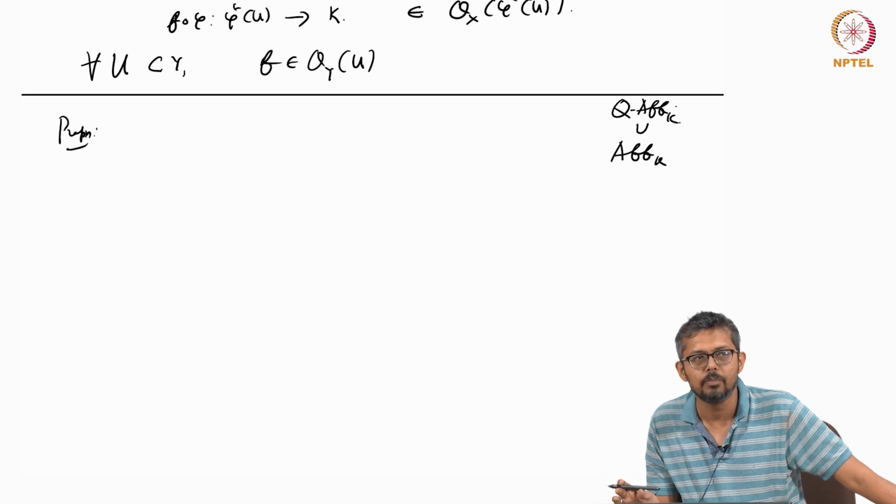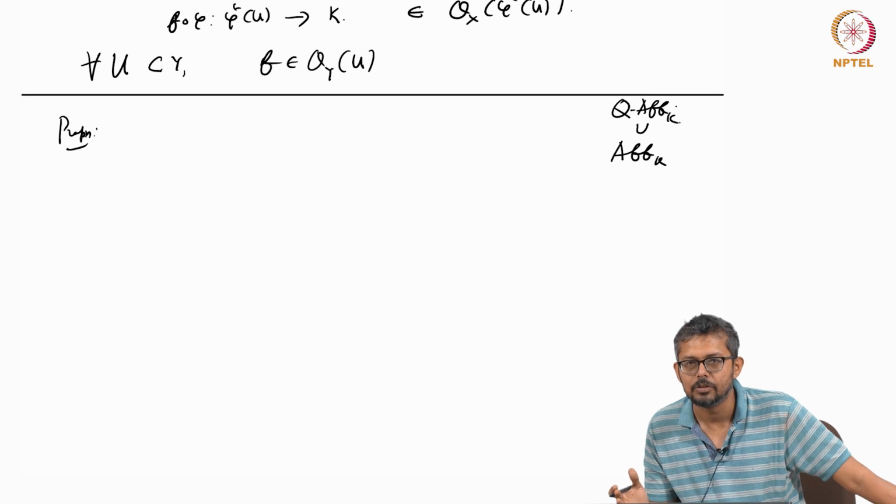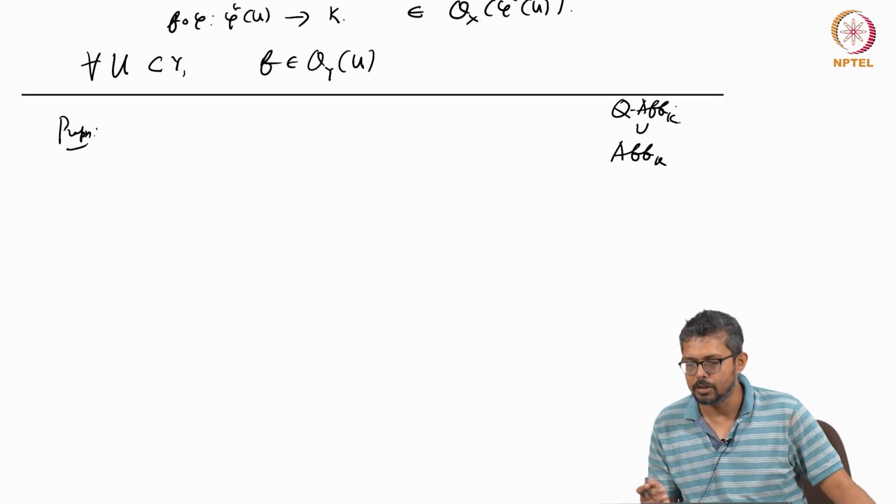Because the definition is via regular functions, affine K, the category of affine varieties, is a full subcategory of quasi-affine varieties.